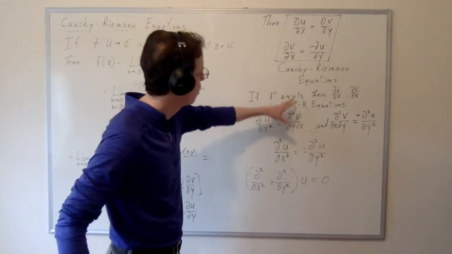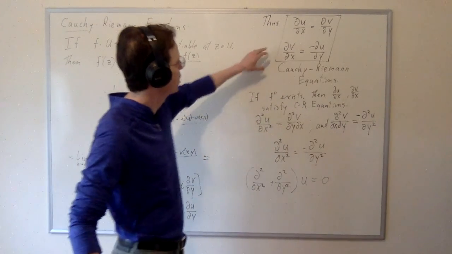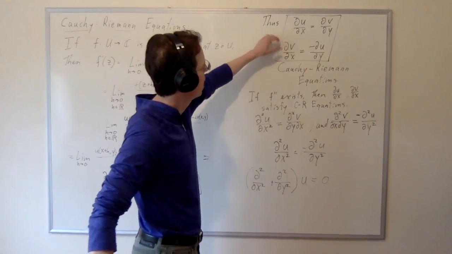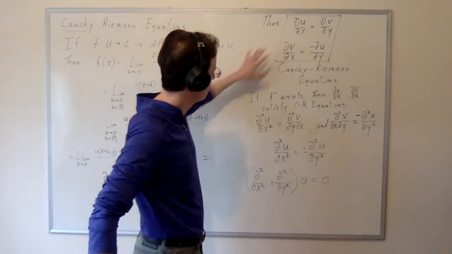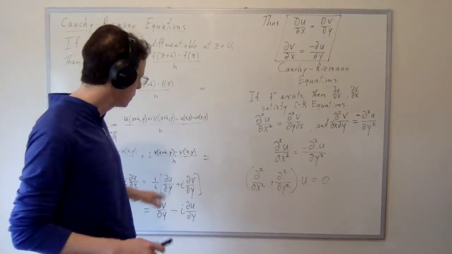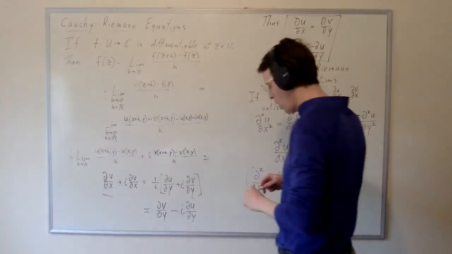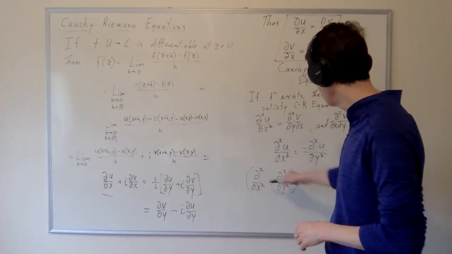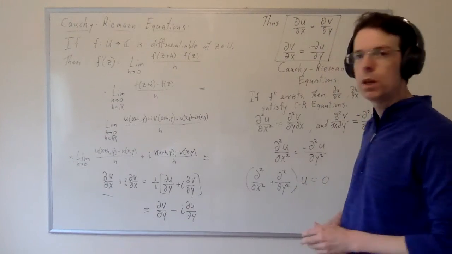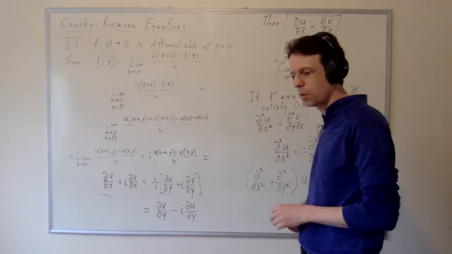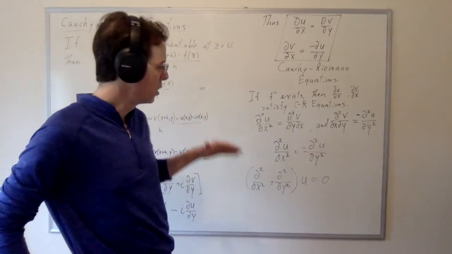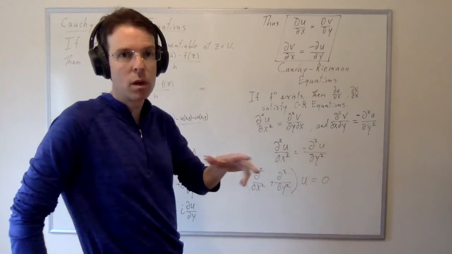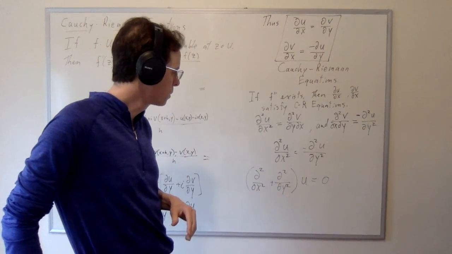Now, I did this only one way. There's another way to do this. Notice that I neglected this. I applied this to both sides of the first derivative. I did not apply this to both sides of the second derivative. If you take that latter route, then you also get the same differential operator operating on v yields 0. So there's a second order differential operator that operating on the real part of a complex function always yields 0, and same thing for the imaginary part of that function.